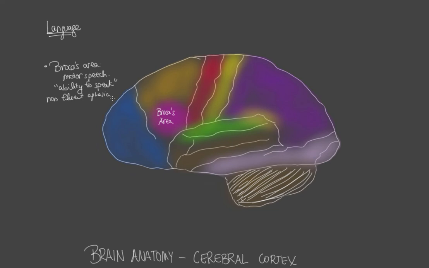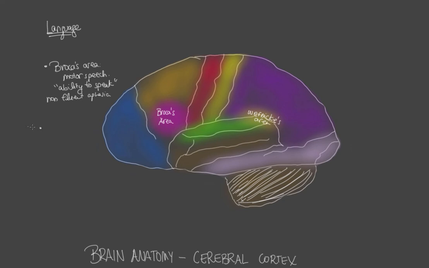Another region associated with language is located posterior to Broca's area, but in the parietal lobe, at the junction between the parietal and the temporal lobe. This is called Wernicke's area.